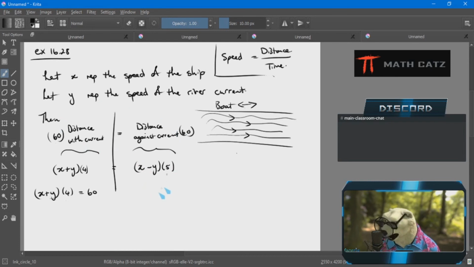The right side information, the upstream information, allows me to write another equation. And those are two equations. Equation 1, two different pieces of information, and I need to handle them separately.